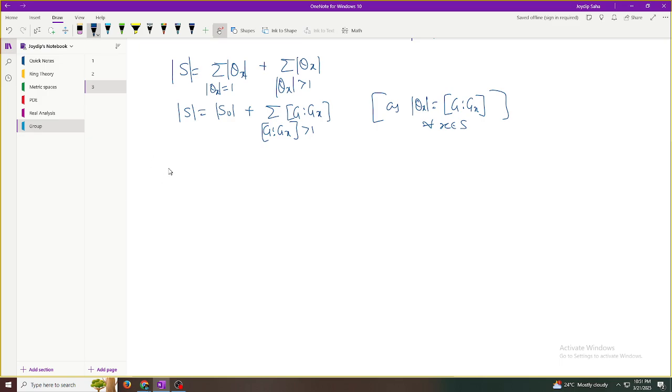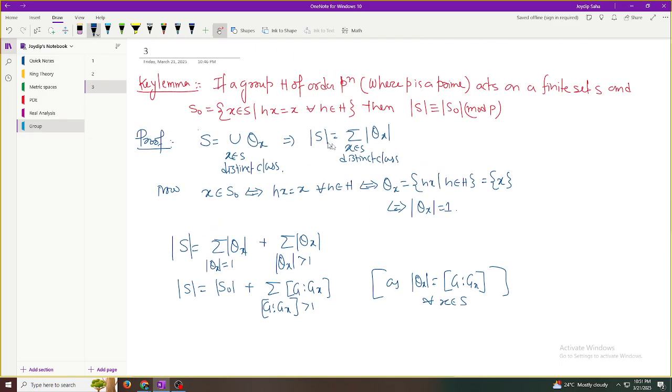Now the group is H, so I should write the index of the stabilizer, H colon Hx.